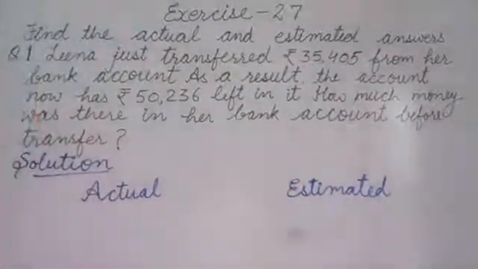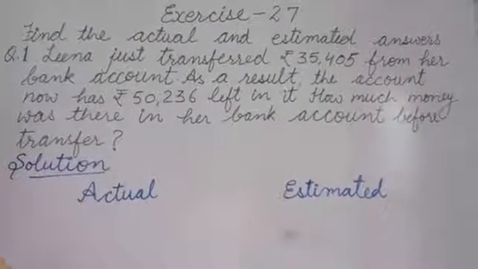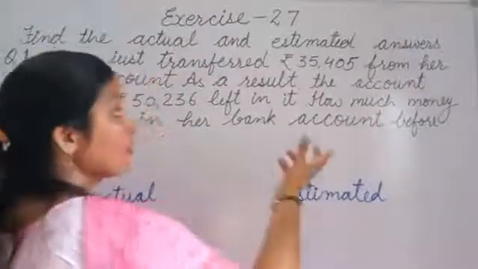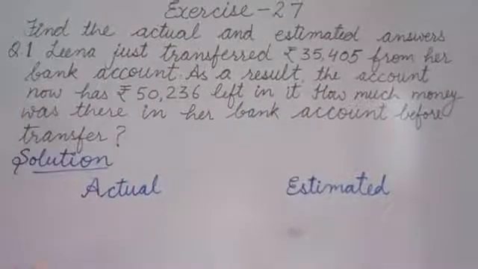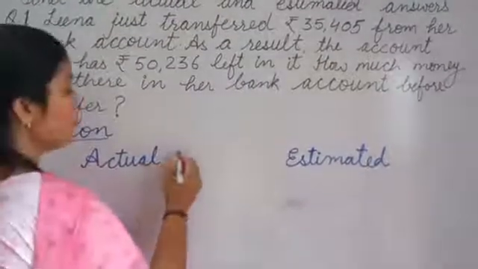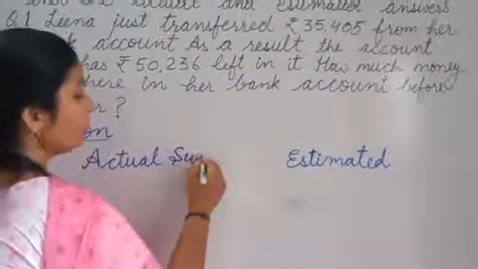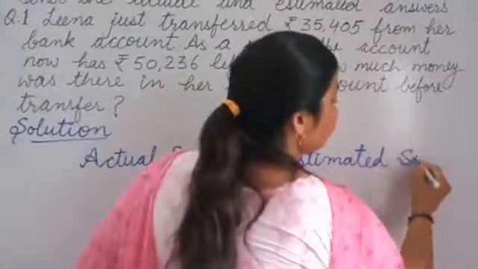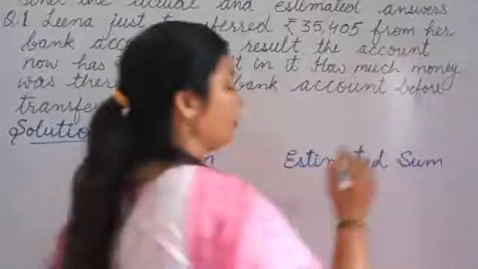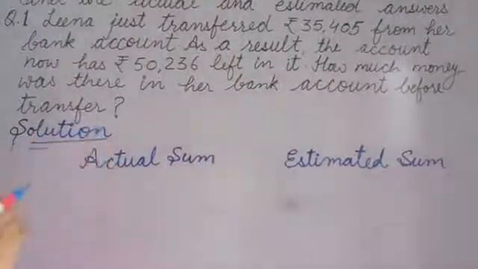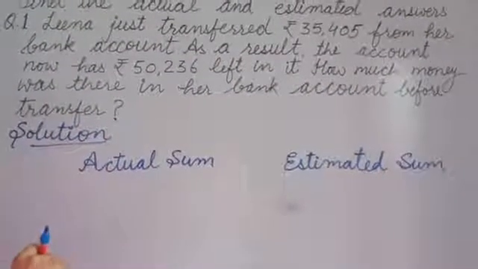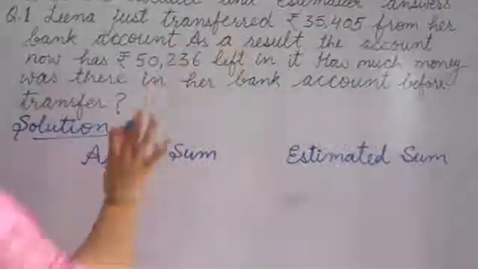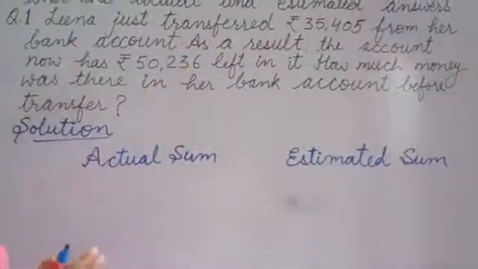Now let me start our solution. Here we do actual and here we have to find estimated. In this question we will do addition. So we will write here actual sum, and here we write estimated sum. We do not need to write sentences, because here it is given to find the actual and estimated, so directly without sentence we will do the question.